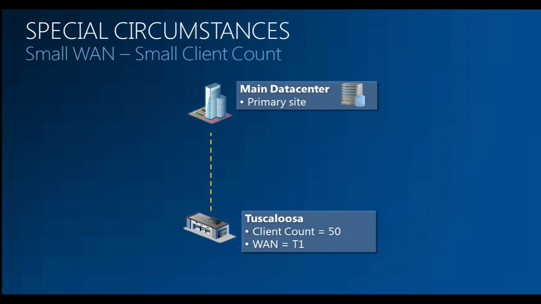Yeah, this one. We have a small WAN, T1, also a small client count. We only got 50 people at this location. Fairly typical. Okay, we can do this with the DP, right? Except that the client has reported that this link is already saturated. Business traffic is already making this a problem.